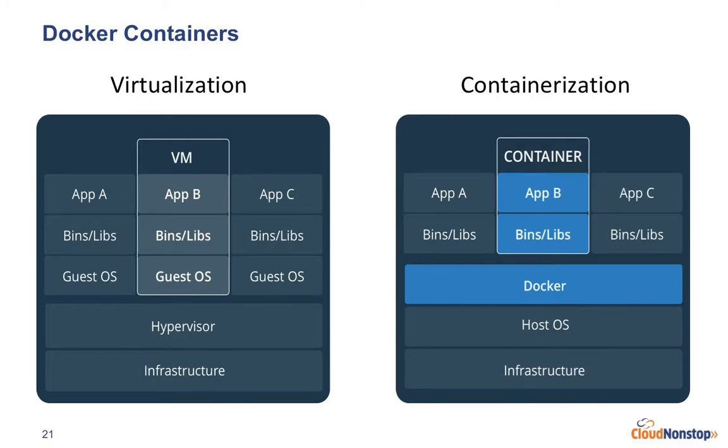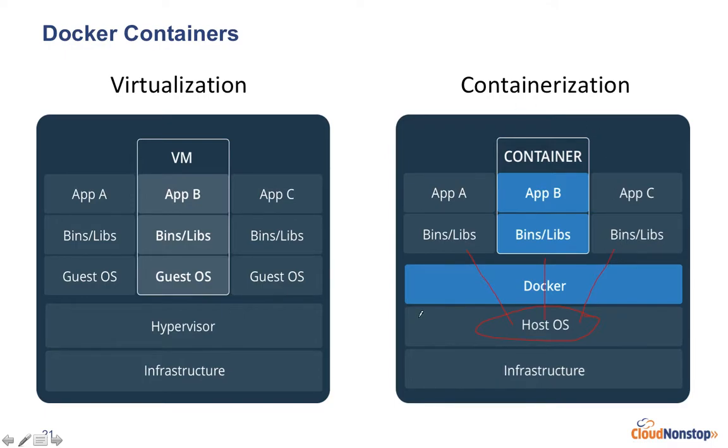Docker takes a different route, and what they do is there is only one copy of the host operating system on that box, and then the Docker software runs on top of that, and that shares the kernel of the host operating system with each and every container.